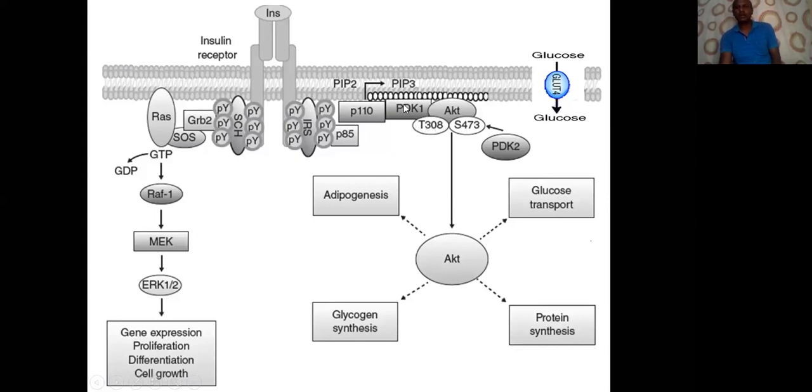So this also causes phosphorylation, and this also causes phosphorylation, but at two different amino acids of protein kinase B. So protein kinase B will have the amino acids T308, which means threonine, and S473 is serine. So these two amino acids of protein kinase B are phosphorylated by protein dependent kinase 2 and protein dependent kinase 1.